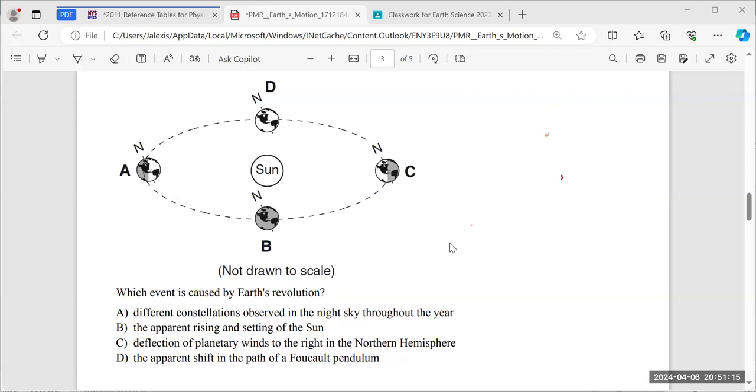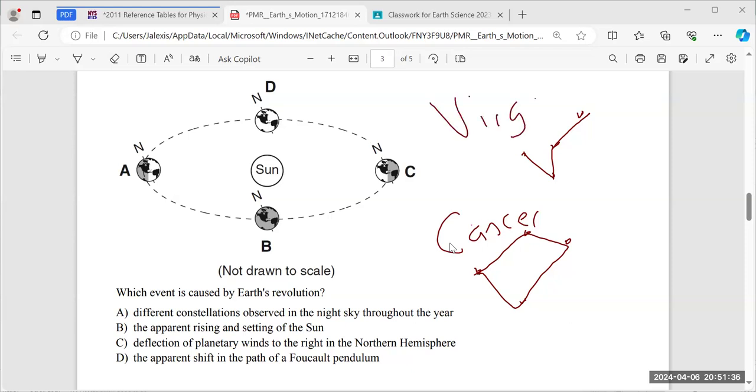Sometimes these stars can make different patterns in the sky. What's interesting is that we will see different constellations as the Earth goes around the Sun. Depending where you're located, one month you may see Cancer, another month you may see the constellation Aries.